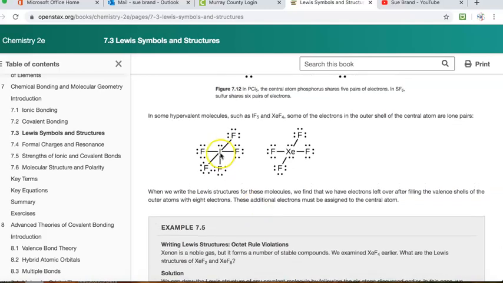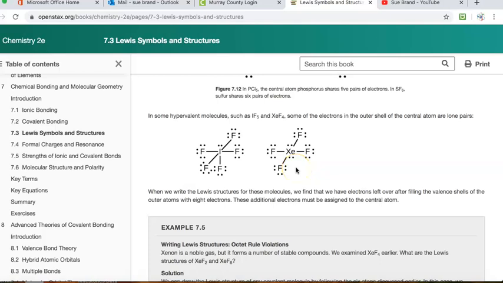Here we have iodine. It has 7 valence electrons. And you can see here that when it binds to 5 fluorine atoms, it has 2, 4, 6, 8, 10, 12 electrons around it. Xenon is a noble gas. You might be freaking out because you think that noble gases don't actually react, but they actually do.